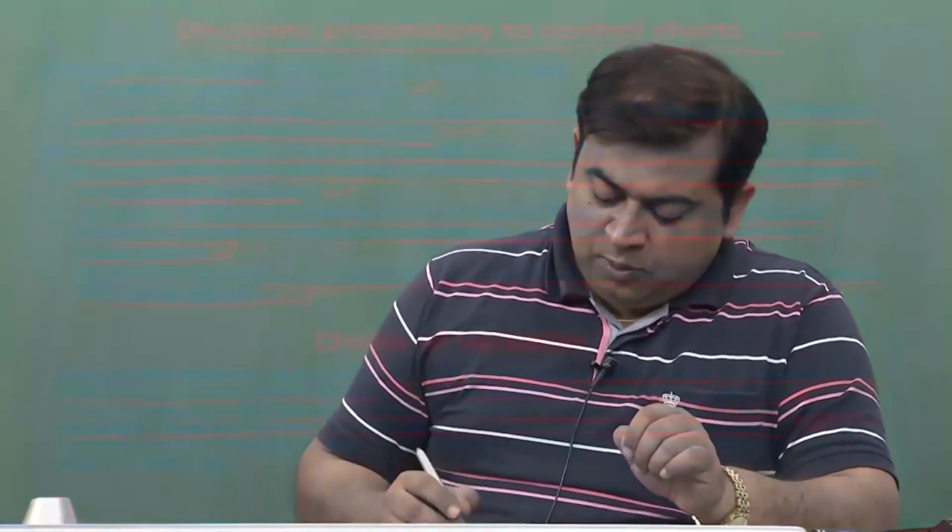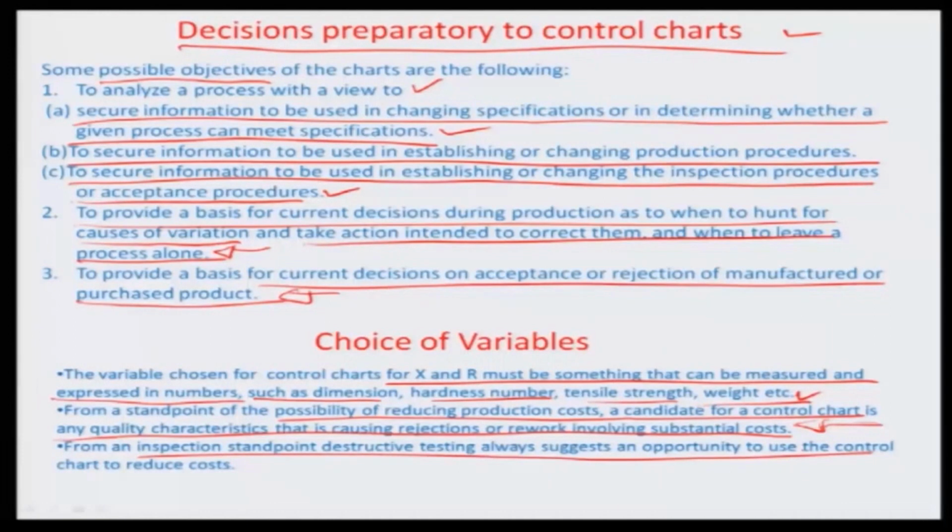And also from an inspection standpoint, destructive testing always suggests an opportunity to use the control chart. That is because you do not want to destroy all the products which are being made, you have to do that on a sampled basis. For example, the ultimate yield strength of a material: you can't really get this parameter without destructively testing the sample.